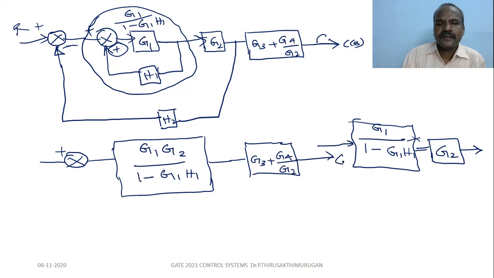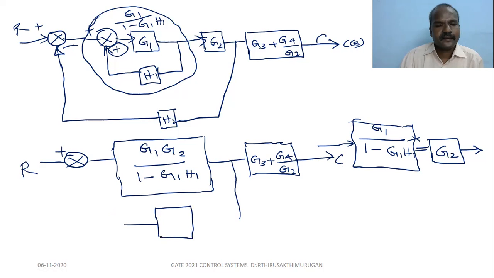This is C, this is R. So again one feedback, H2, right? H2 is here. So this is negative feedback.